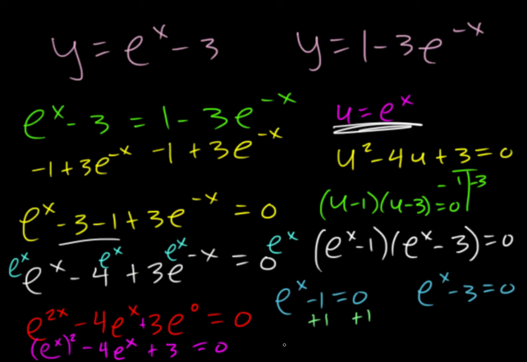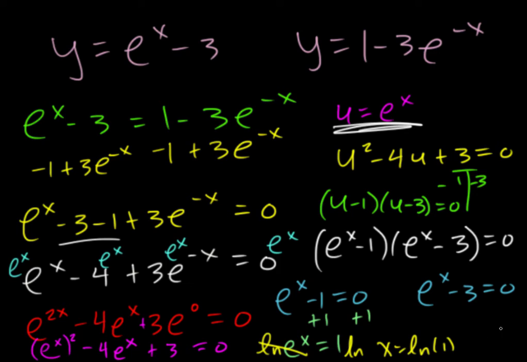Add 1, e to the x equals 1. Natural log both sides, those cancel, x is equal to natural log of 1. Now, natural log of 1 is just 0.